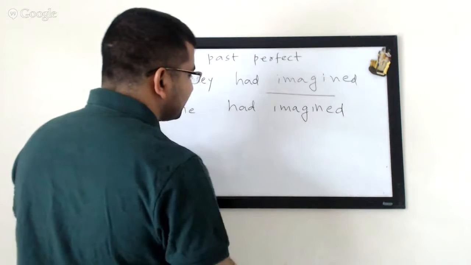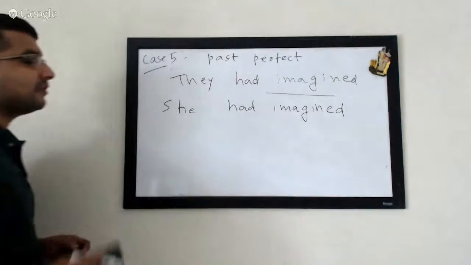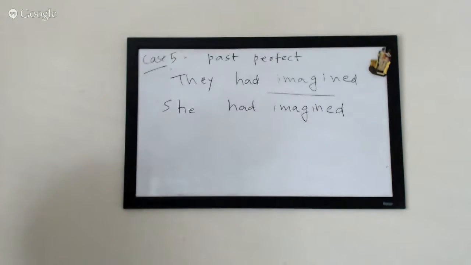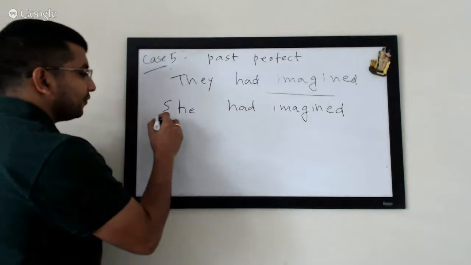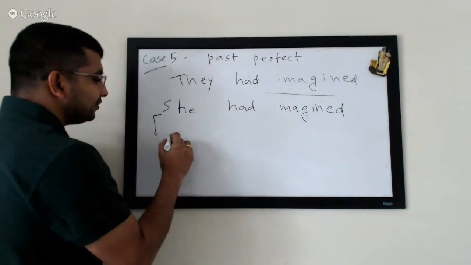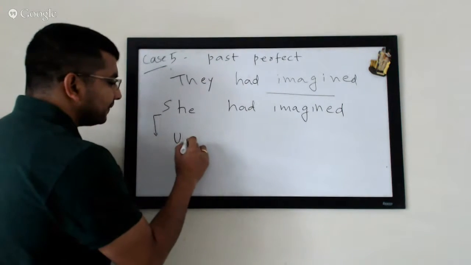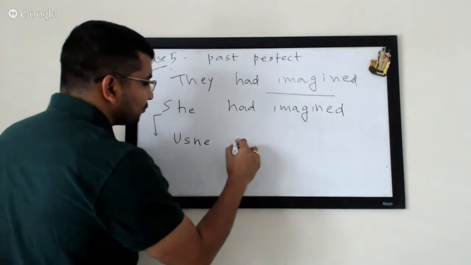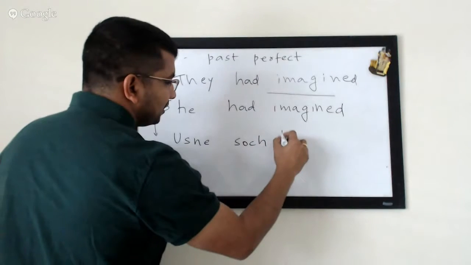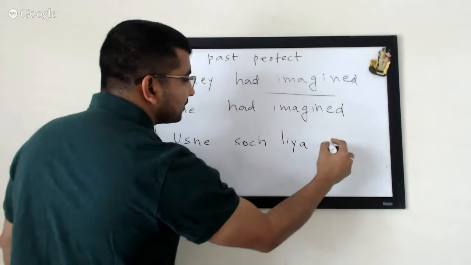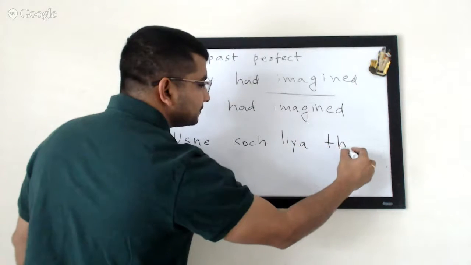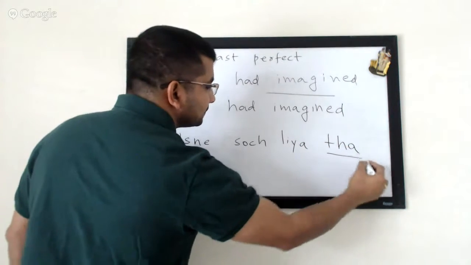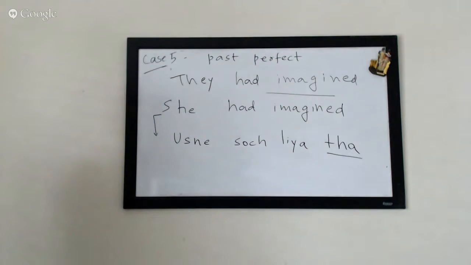So this will be pretty similar to the present perfect one. For she had imagined, you will say उसने सोच लिया था. उसने सोच लिया था.